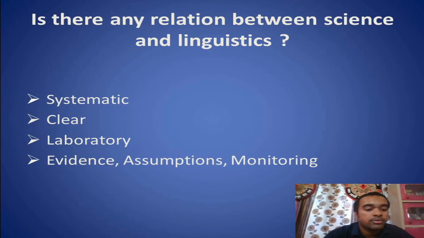Without these three, science cannot find a perfect result. Similarly, without these three, linguists cannot find a perfect result. So both of them always go through evidence, assumption, and monitoring.